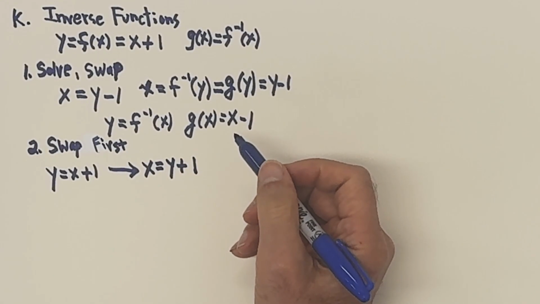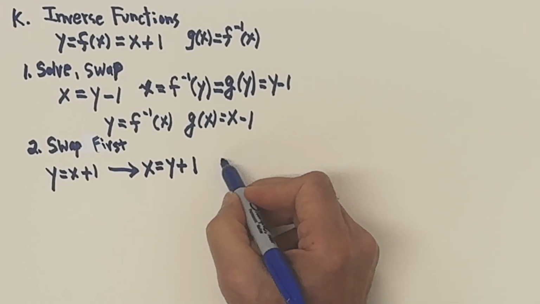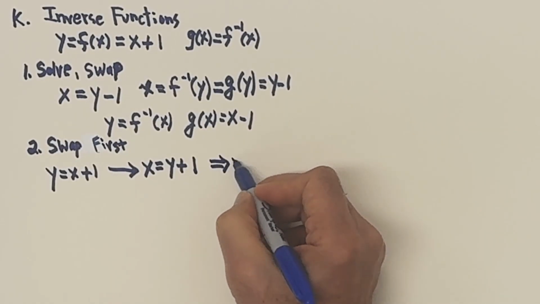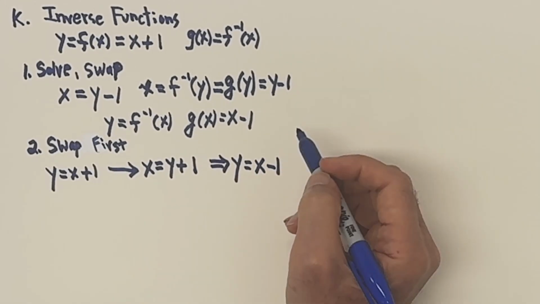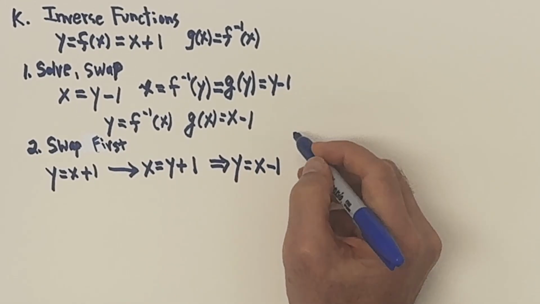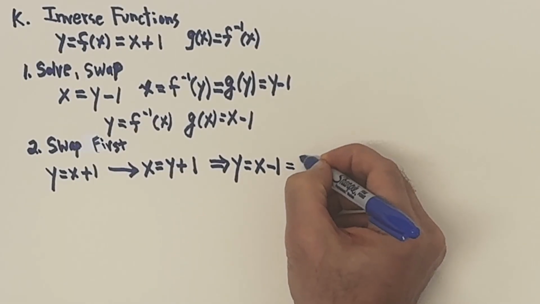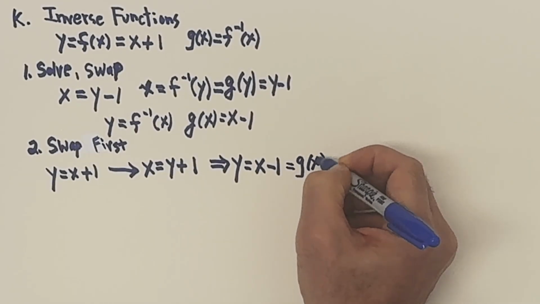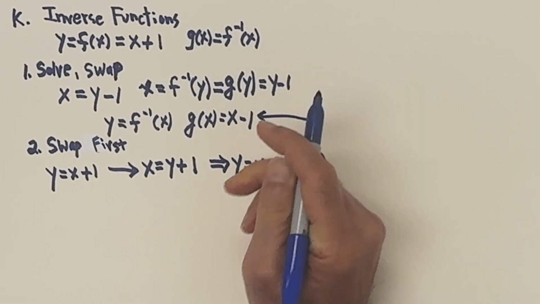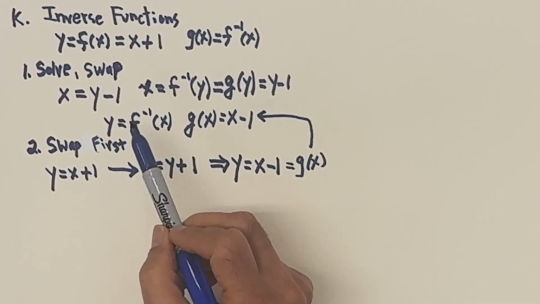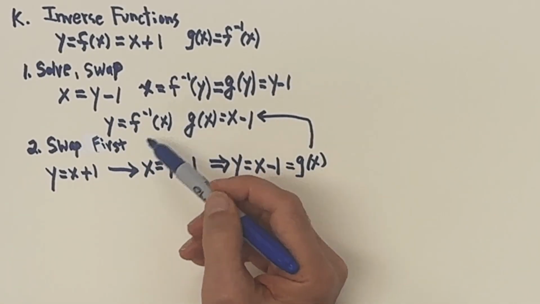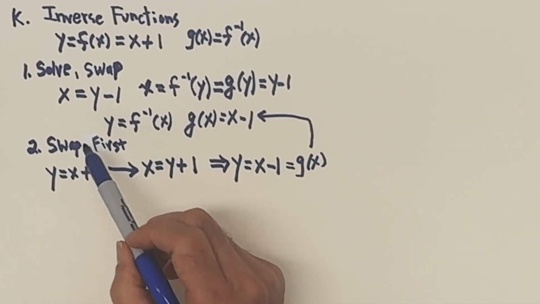And after we swap first, then we solve for the y. And then we get y is x minus 1. And that is, say, the inverse function. We have it.